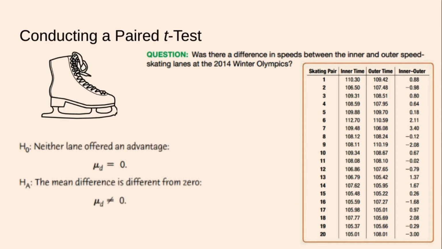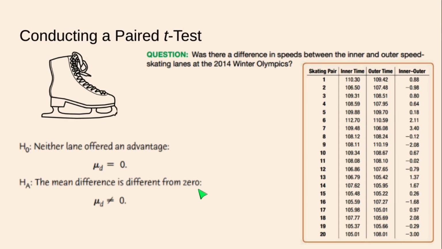The null hypothesis is mu sub d equals 0. That is, neither lane had an advantage. You do not need to write that; you can just say the mean of the differences equals 0. That will suffice. The alternative hypothesis is that the mean difference is different from 0.